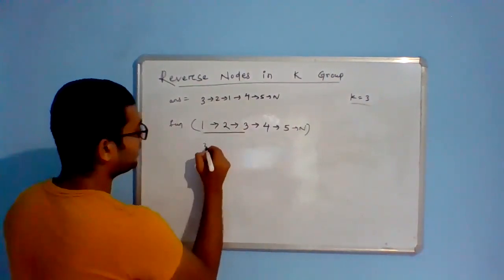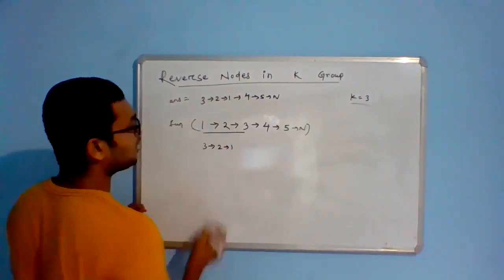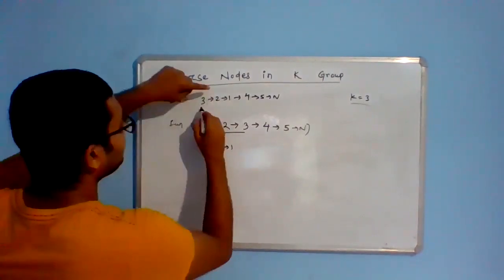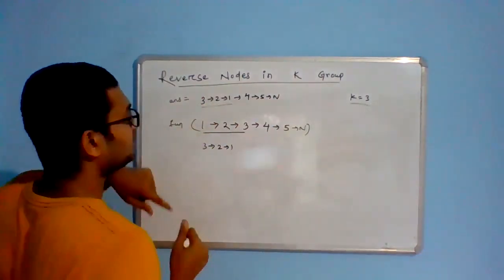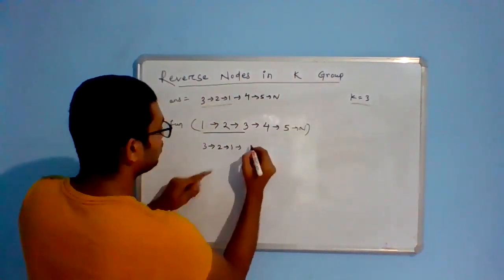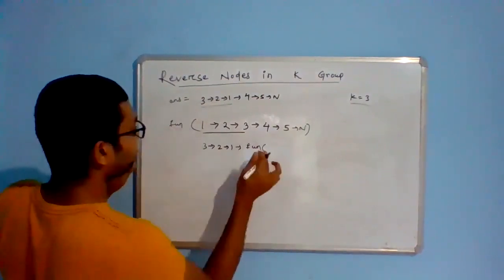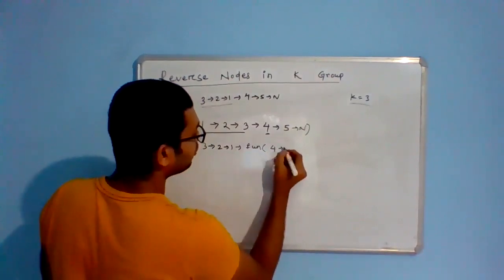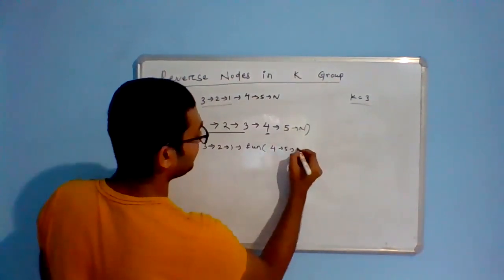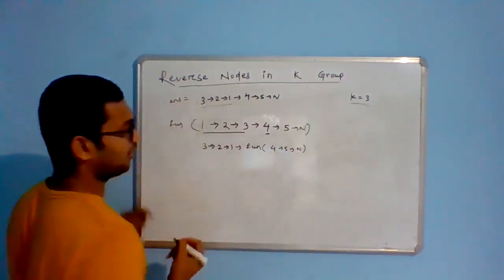So it will be 3 to 1, right? And we want its next to be the reverse version of the next sublist, so its next should be the function. We'll call the same function and pass the reference to this node, which is 4, connected with 5, then connected with nothing, which is null, right?